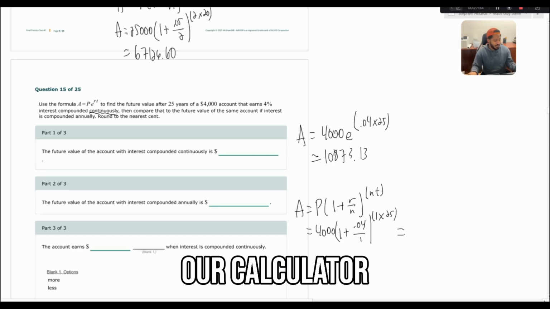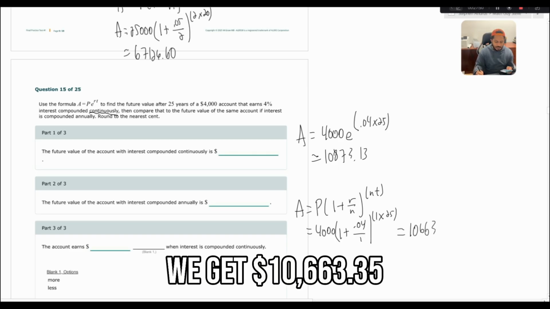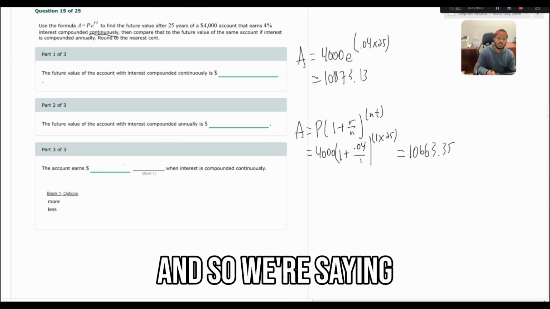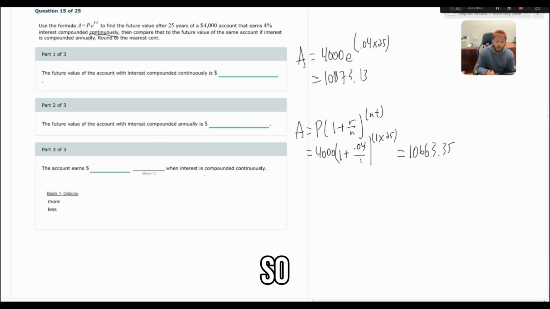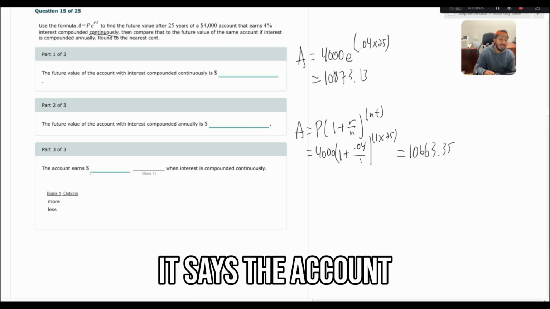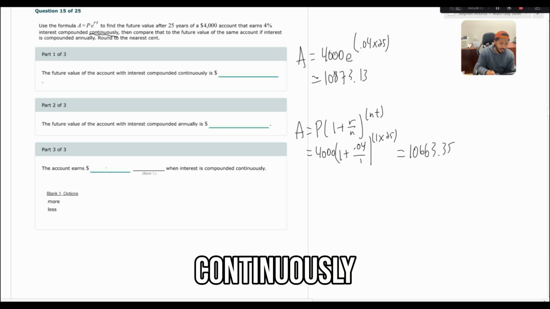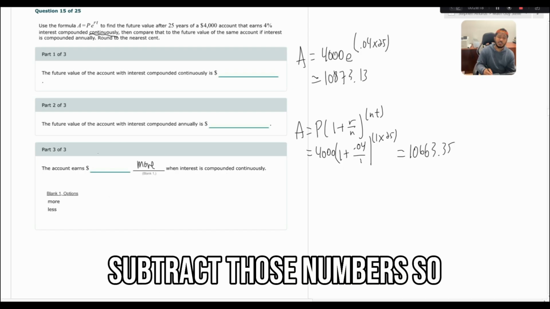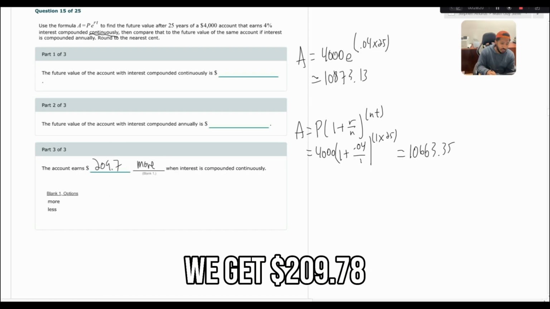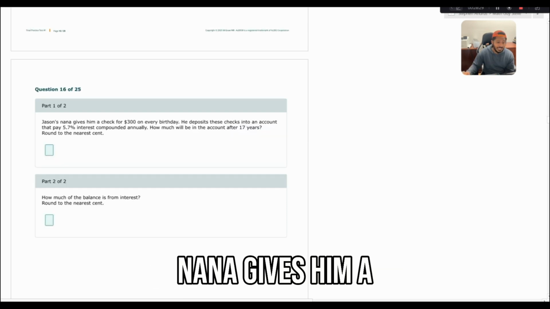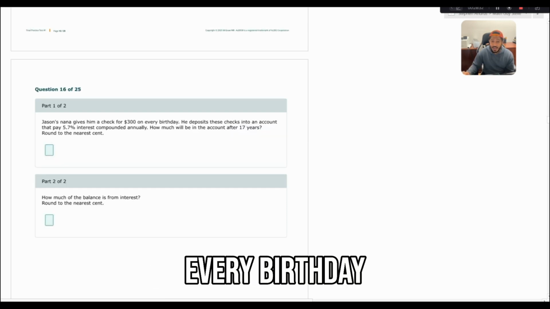Putting that in our calculator, we get $10,663.35. And so we're saying which one earns more. The account earns more if the interest is compounded continuously. So we just subtract those numbers, and we get $209.78.